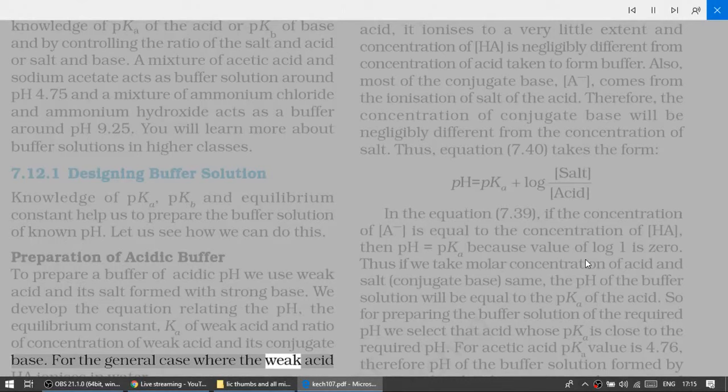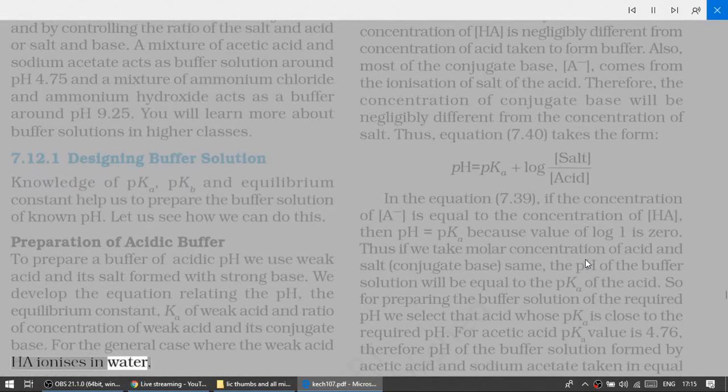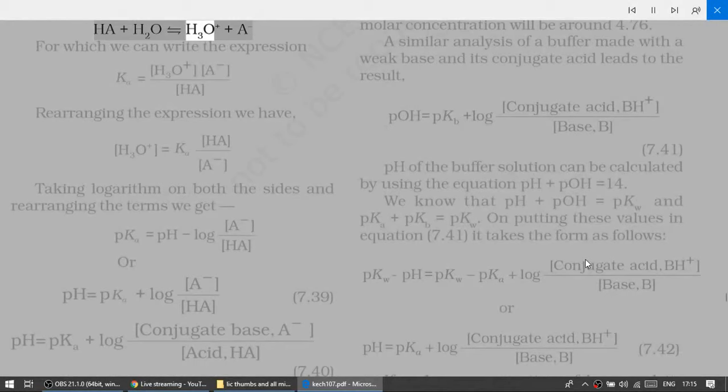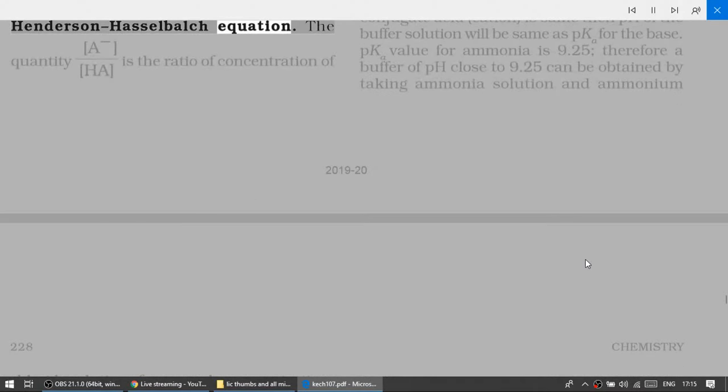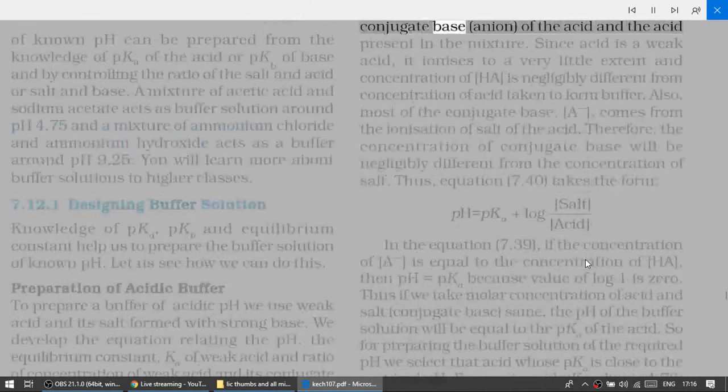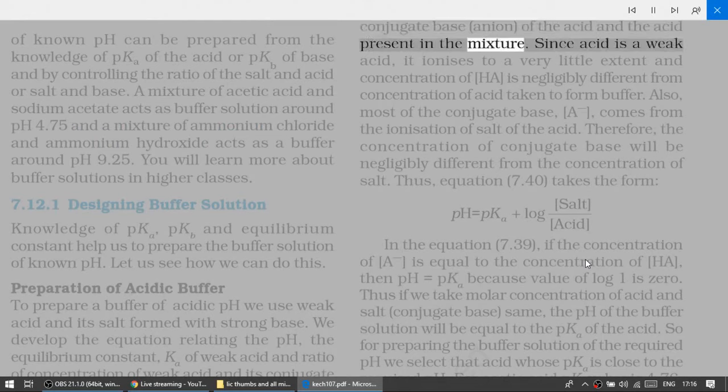For the general case where the weak acid HA ionizes in water, HA + H2O ⇌ H3O⁺ + A⁻, we can write the expression for Ka. Rearranging the expression, taking logarithm on both sides and rearranging the terms, we get equations 7.39 and 7.40. Expression 7.40 is known as the Henderson-Hasselbalch equation. The quantity [A⁻]/[HA] is the ratio of concentration of the conjugate base, the anion of the acid, and the acid present in the mixture.